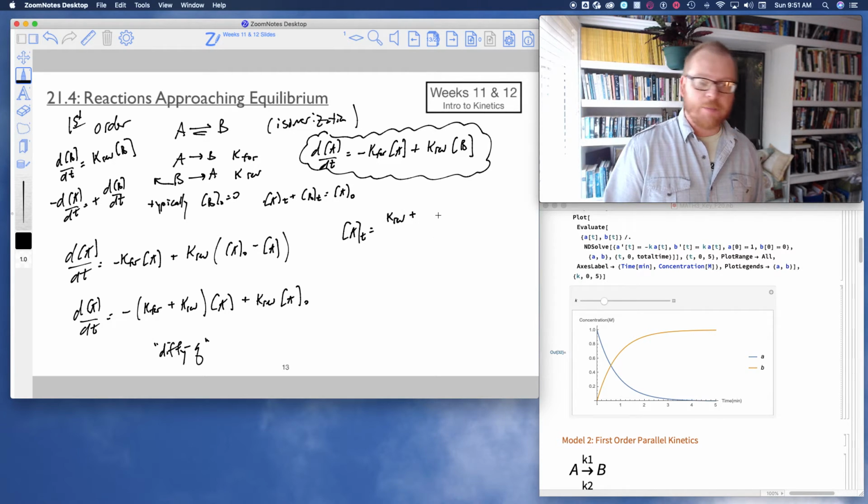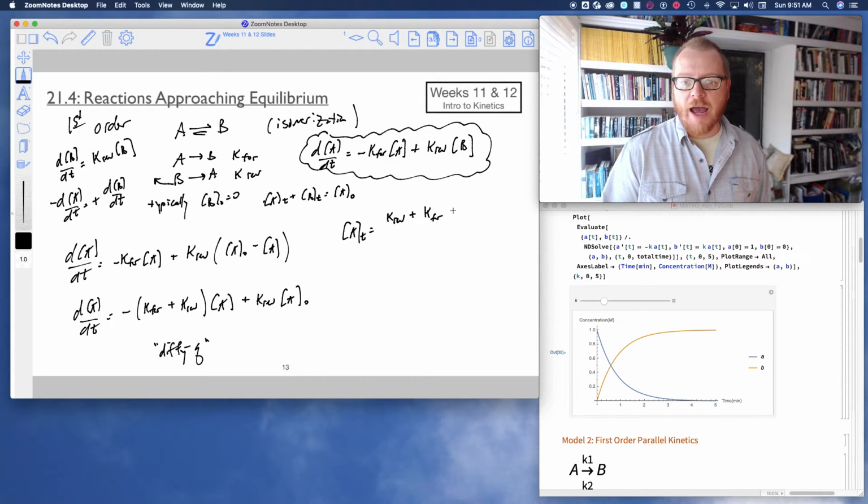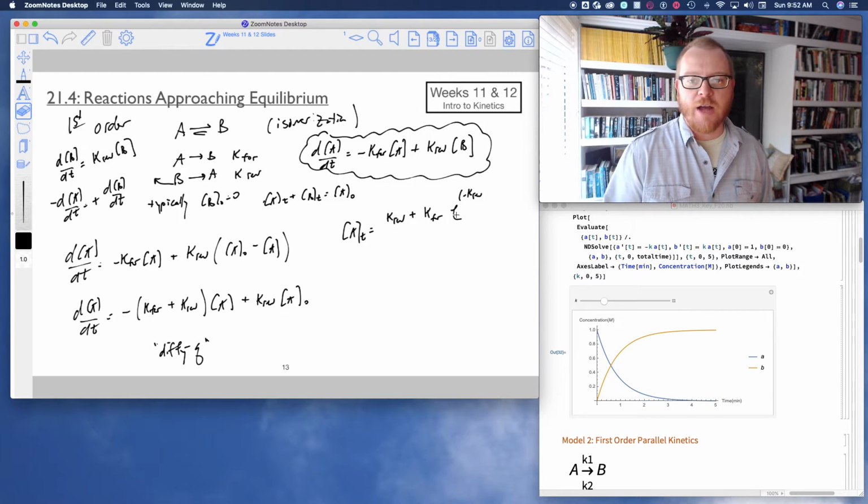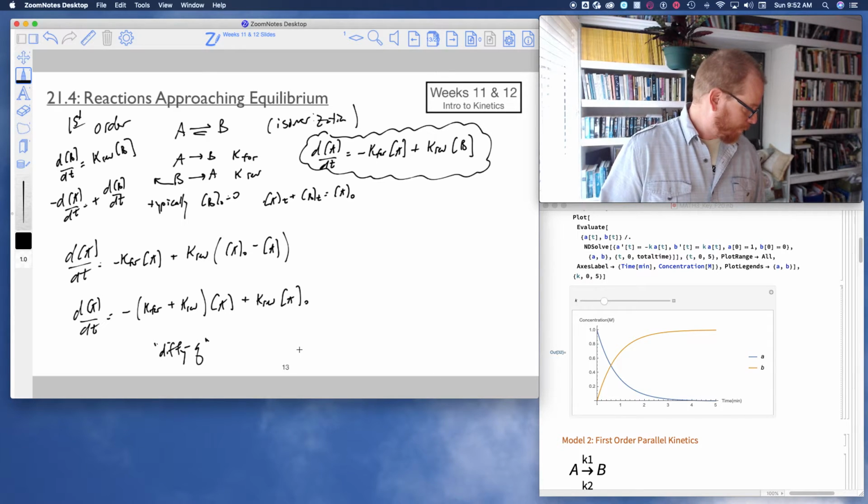But it's not so complicated that it's impossible to understand. So K reverse plus K forward times e to the negative K reverse. Oops. Maybe it's just too complicated for me to write it in a clean way. I'm going to write it down right here where I've got more room.